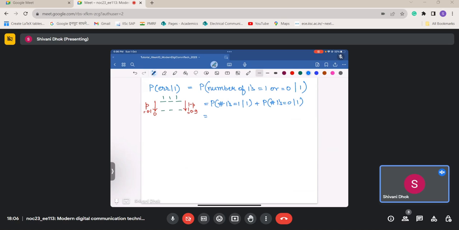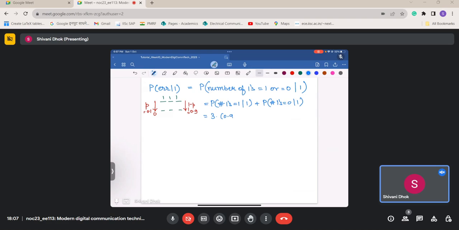So if there is only one 1 in this, then there are 3C1 possibilities, any of these 3 places it can be present. So that will be 3C1, or simply 3. That can occur in 3 ways. So 3 times, what is the probability that a 1 will remain 1? That will be 0.9.